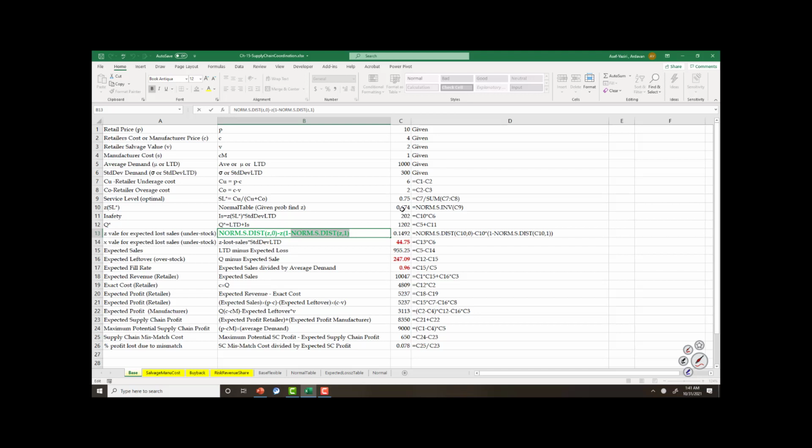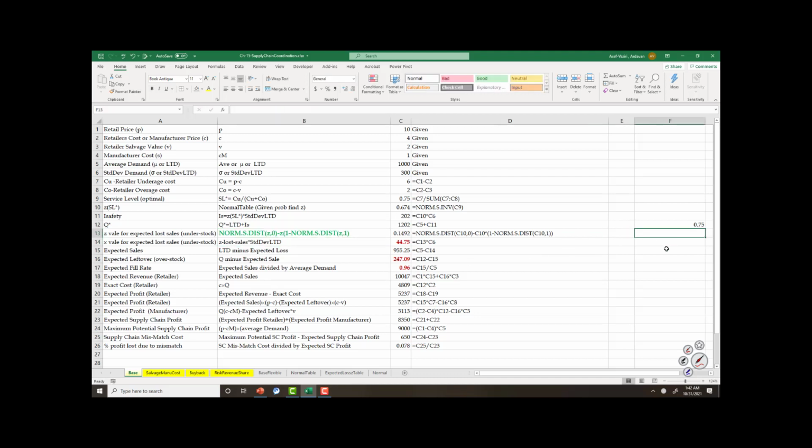It was service level. Type equal to norm dot S distribution, this Z, and if I enter 1 for cumulative, 0.75. Therefore, this part of this equation is just simply service level. 1 minus service level is here, and that is a risk.